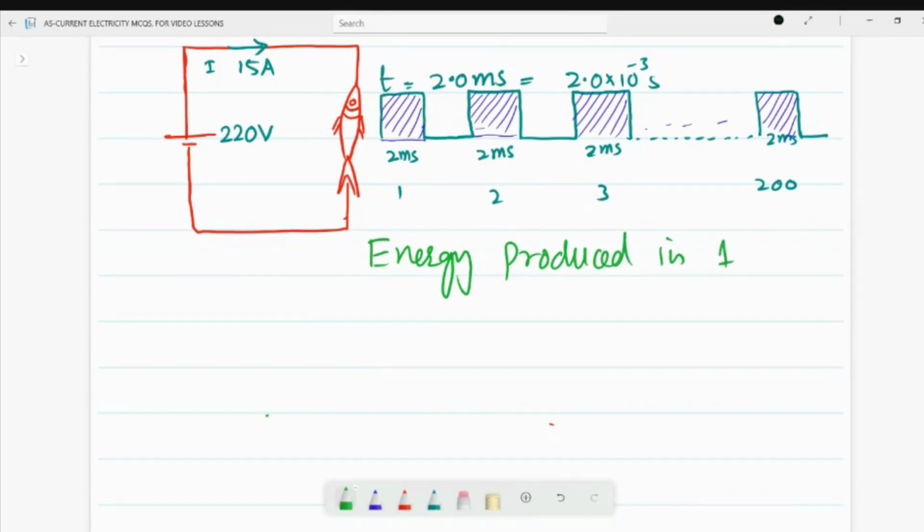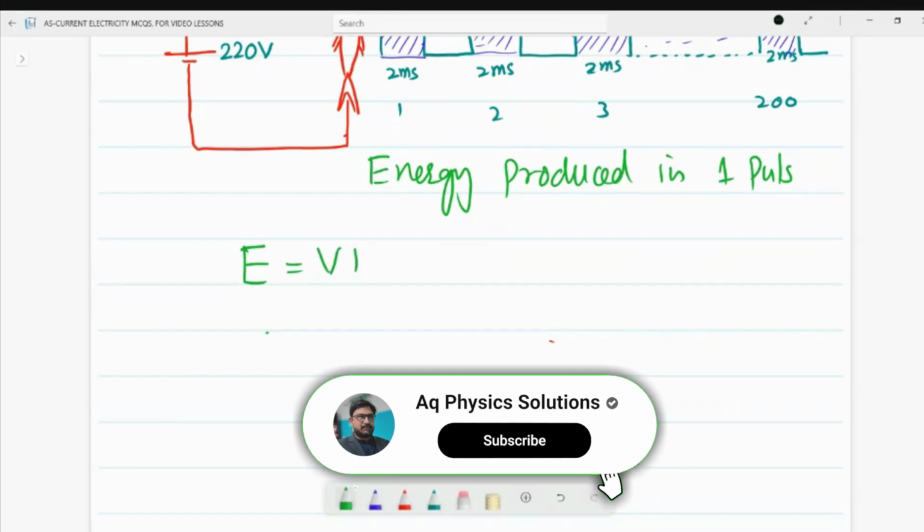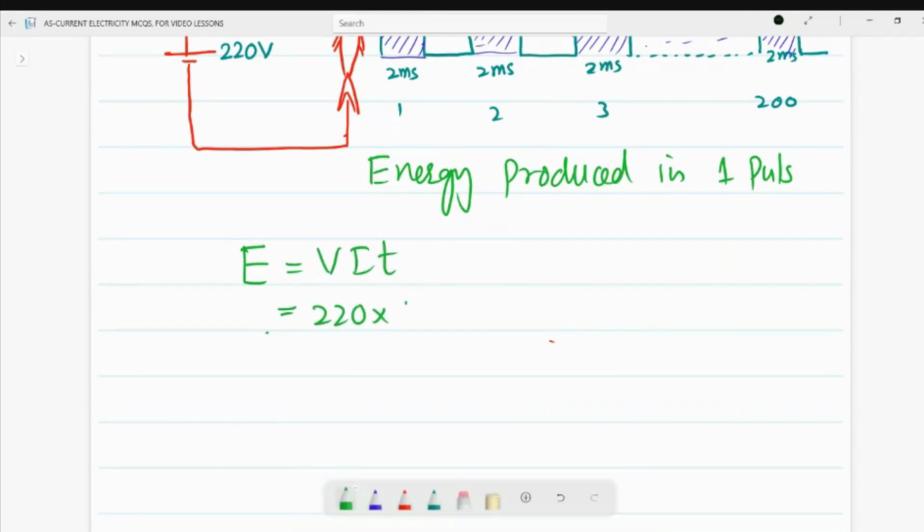So how much energy is produced in one pulse? Because you know that energy E equals VIT. It is 220 volts, current is 15 ampere, and time is 2.0 into 10 raised power minus 3. So this gives you 6.6 joule.